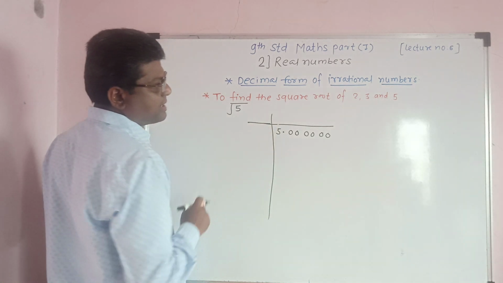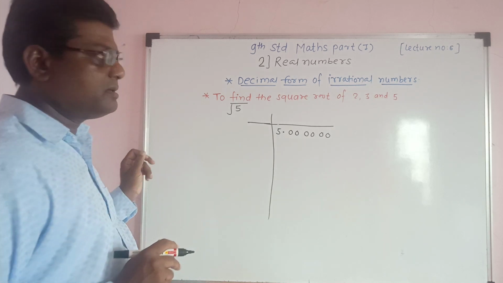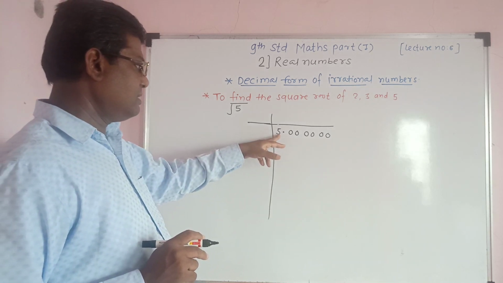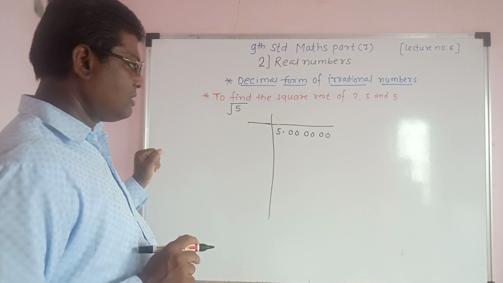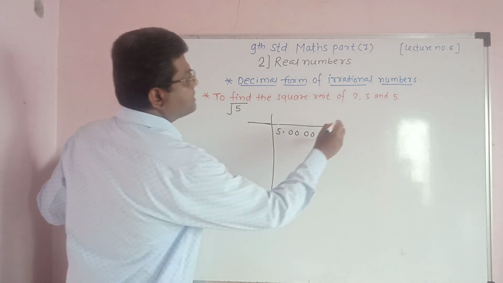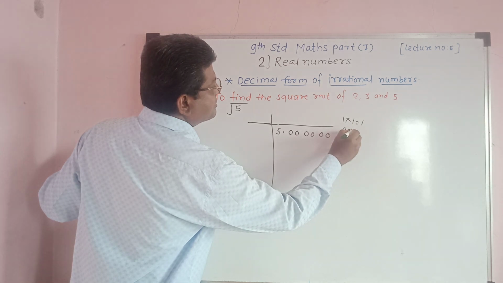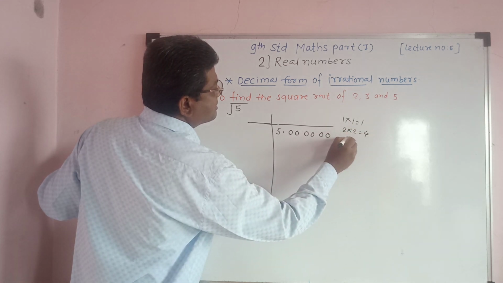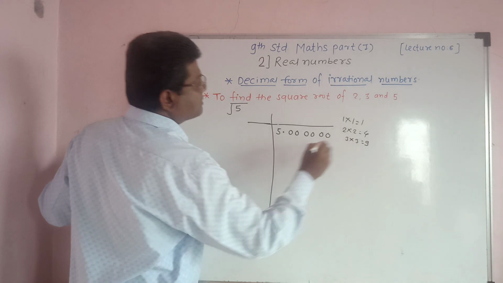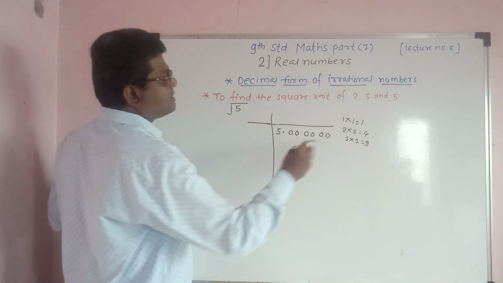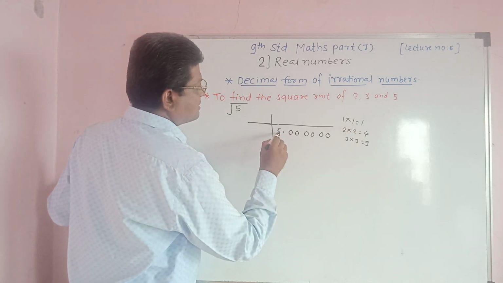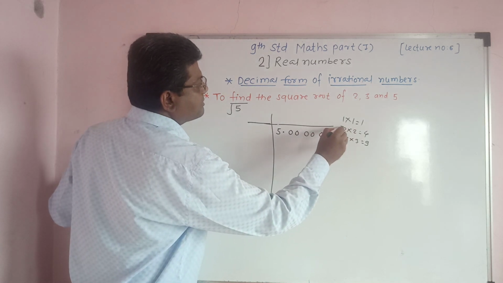Now select 5. Find such a number whose square is equal to 5 or less than 5. 1 into 1 is 1, 2 into 2 is 4, 3 into 3 is 9. So the number whose square is equal to 5 or less than 5 is 2.